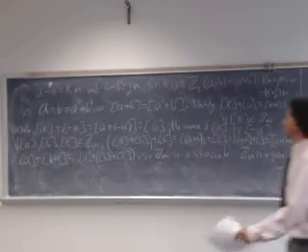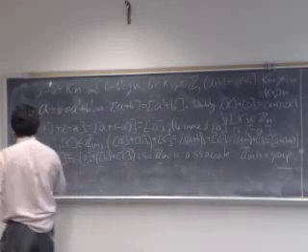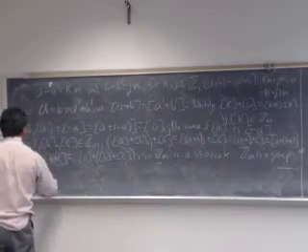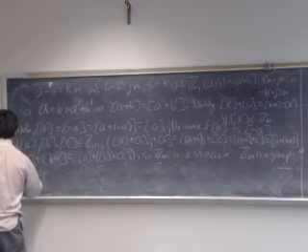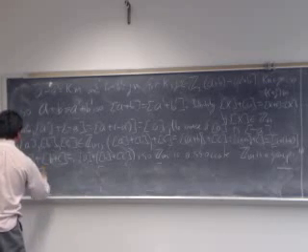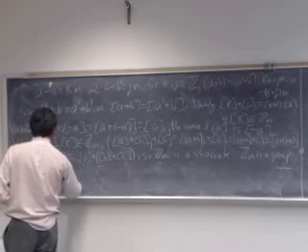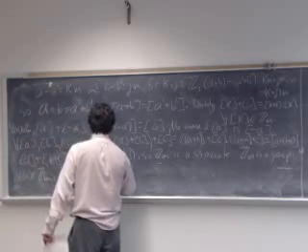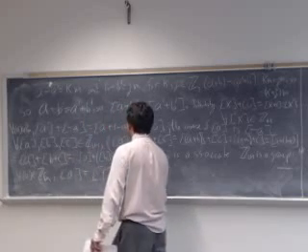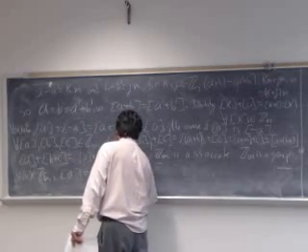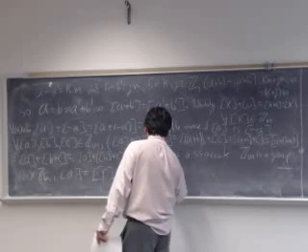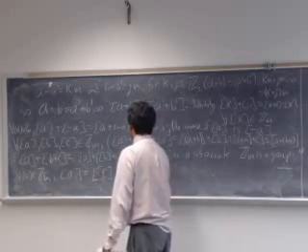Is it cyclic? Well, for all A in Zm, the equivalence class determined by A is the same as the equivalence class determined by R. We've already proved that for some positive R between 0 and n minus 1.